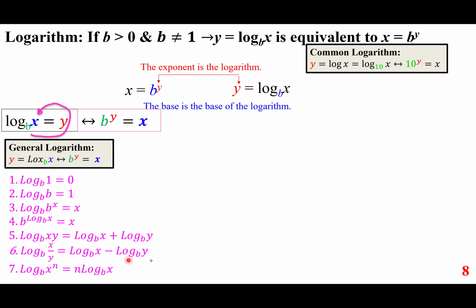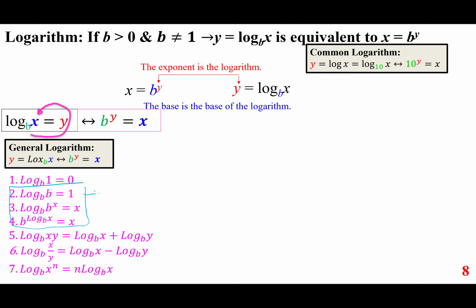So 5, 6, 7, you lose the base. Number 1, you lose the base. I want to discuss those three so you see how we make transitions. The rest of them just lose the base.